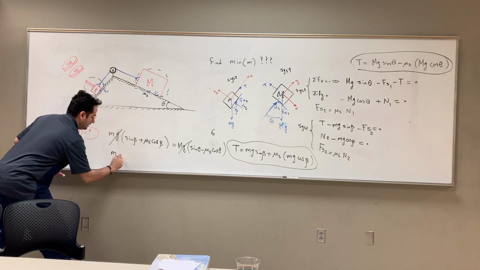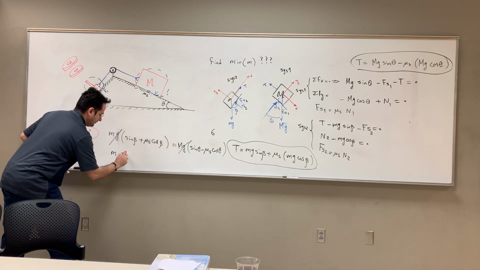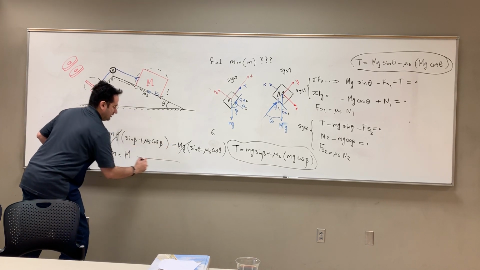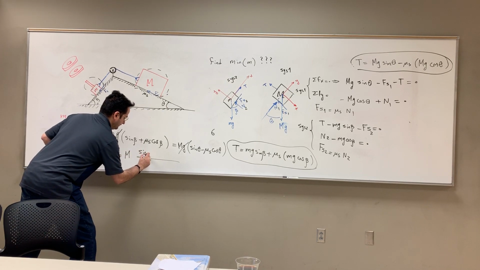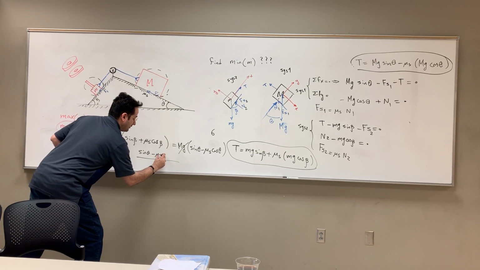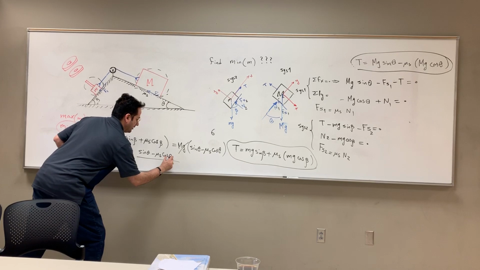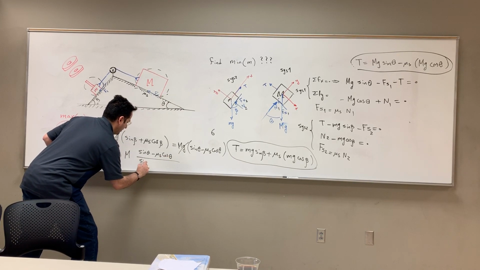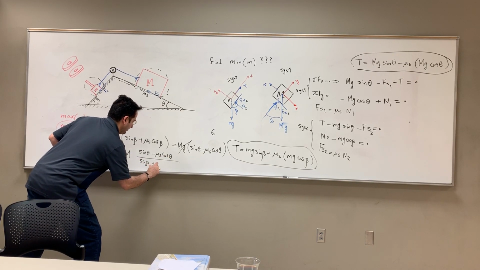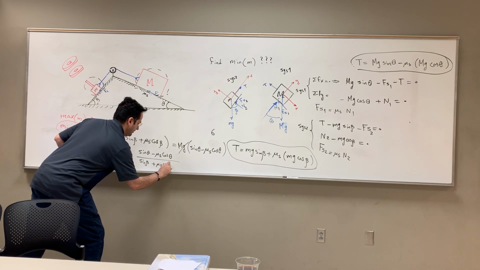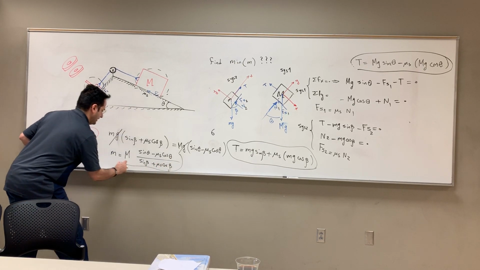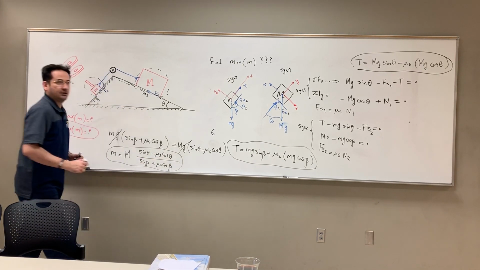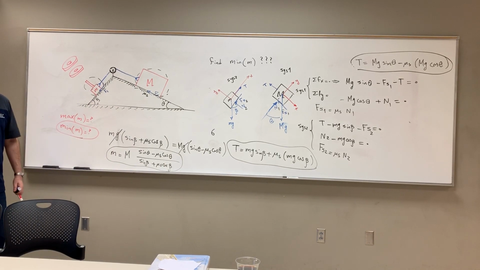So m is capital M times sine theta minus mu S cosine theta over sine beta plus mu S cosine beta. That's the relation. That's the relation we get.